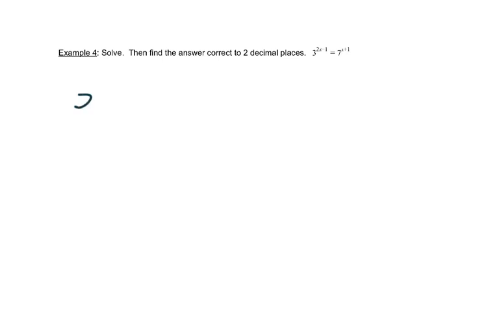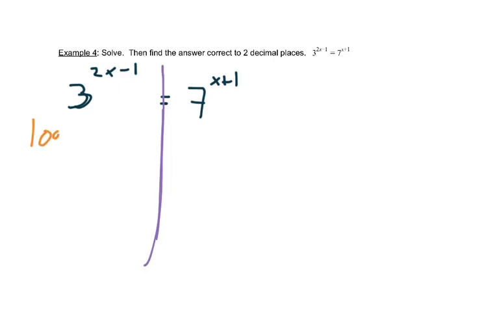So here's another one where we want to solve it to 2 decimal places. And this one's a little tricky because it's got exponents on both sides, but we can't change the 3 and the 7 to make the bases match. So we have to use logs. We're going to put log in front of the left.